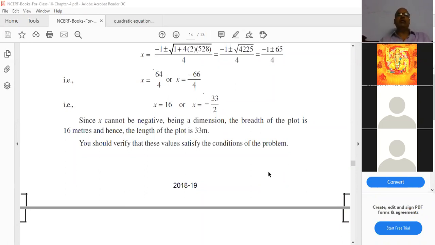If you got negative, the real roots do not exist. You can stop there only. So first find the b square minus 4ac value; only if it is greater than or equal to 0 can we solve. Otherwise, we write b square minus 4ac is less than 0, so real roots do not exist for this equation.